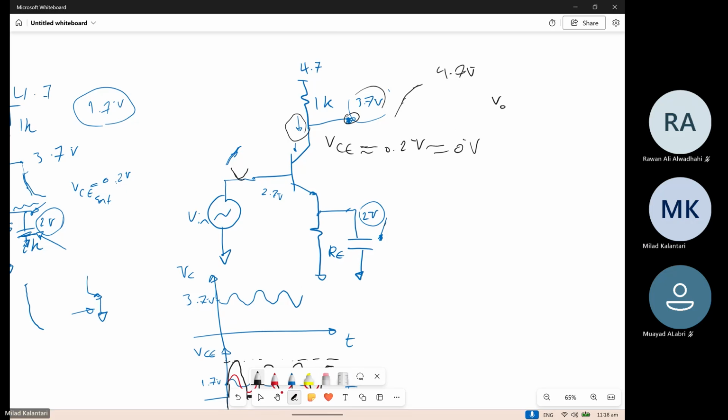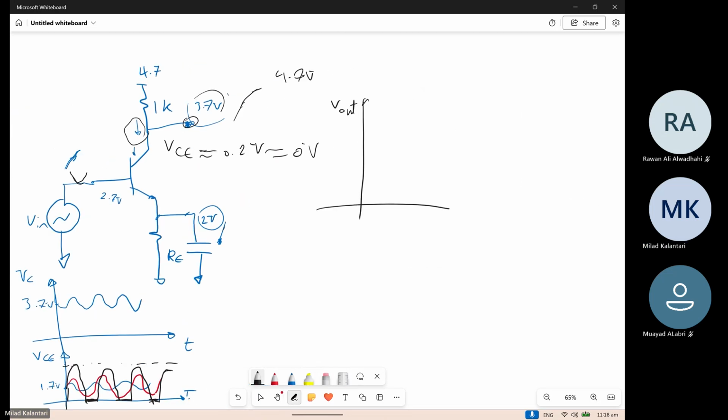So in fact, if we have the V out here, the V out was starting at 3.7 volt, right? And reaches 4.7 at the max. That's why it becomes like a square shape again.